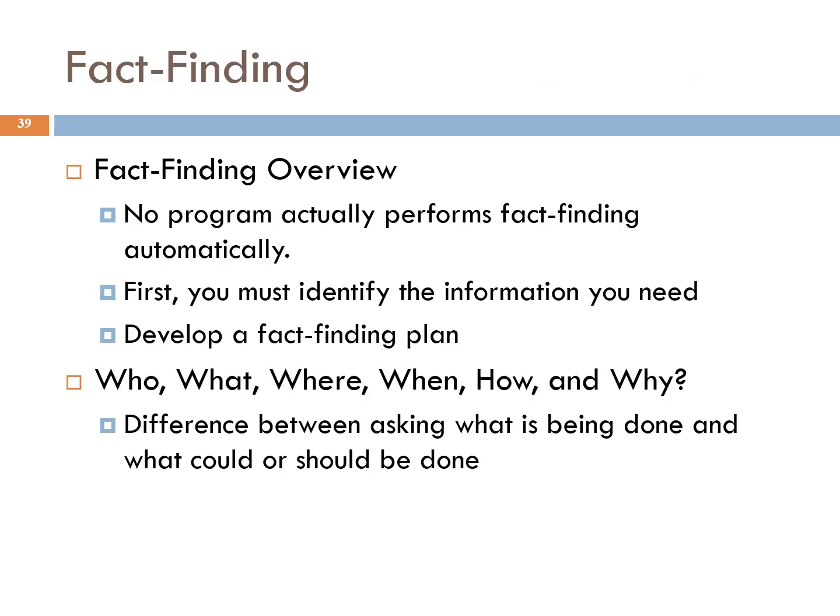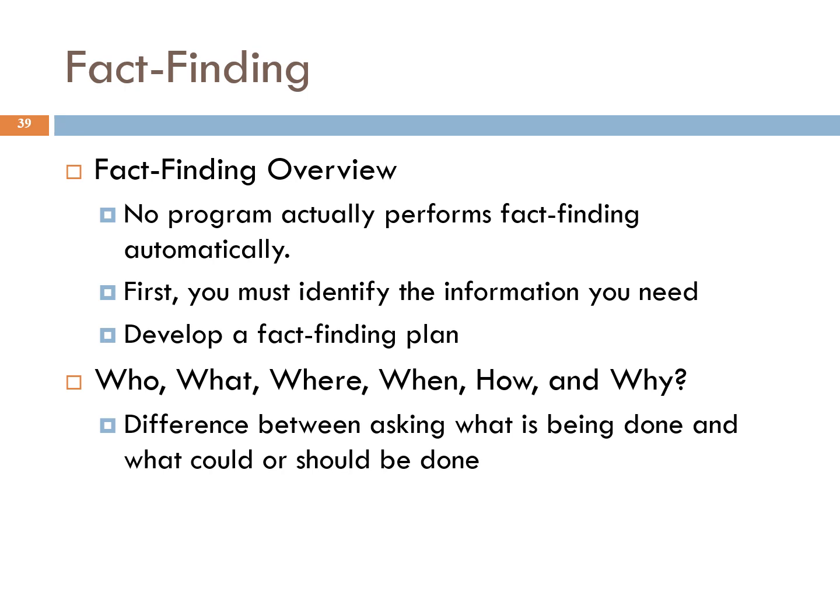Next is fact finding. There is no computer program that actually performs fact finding automatically. So what you need to do is identify what information you need, and then develop a plan on how to get the facts, and that is fact finding.